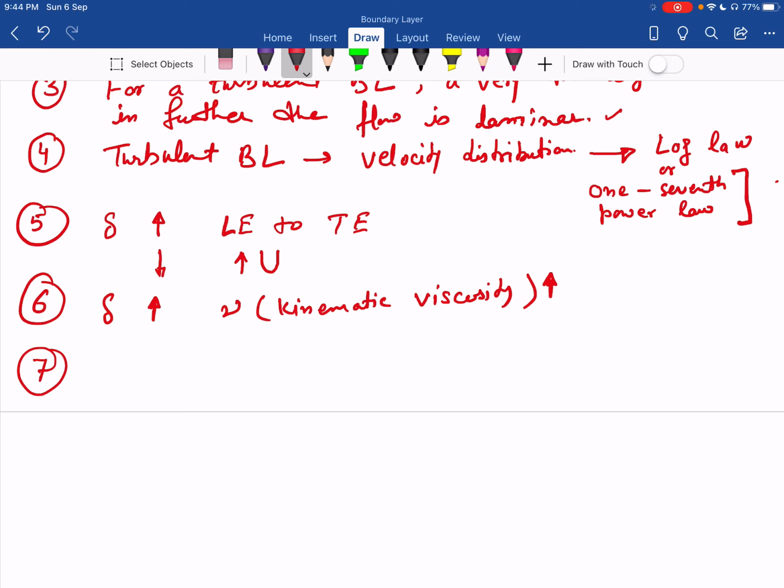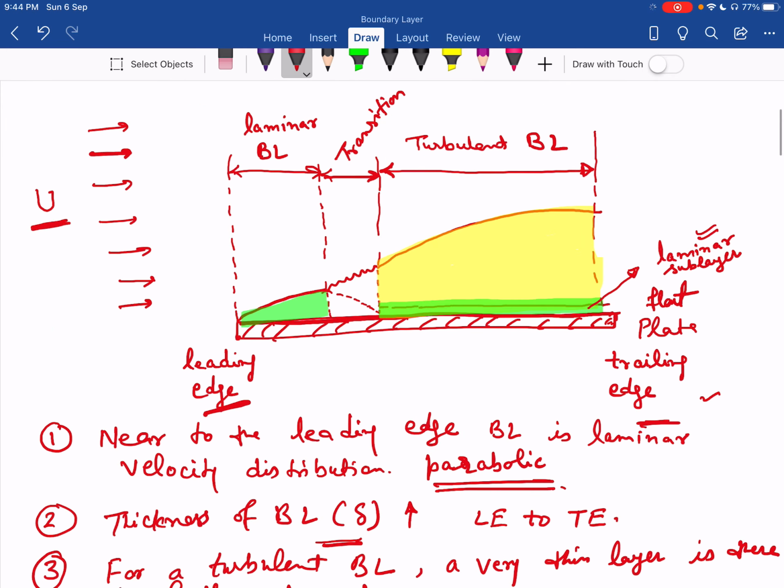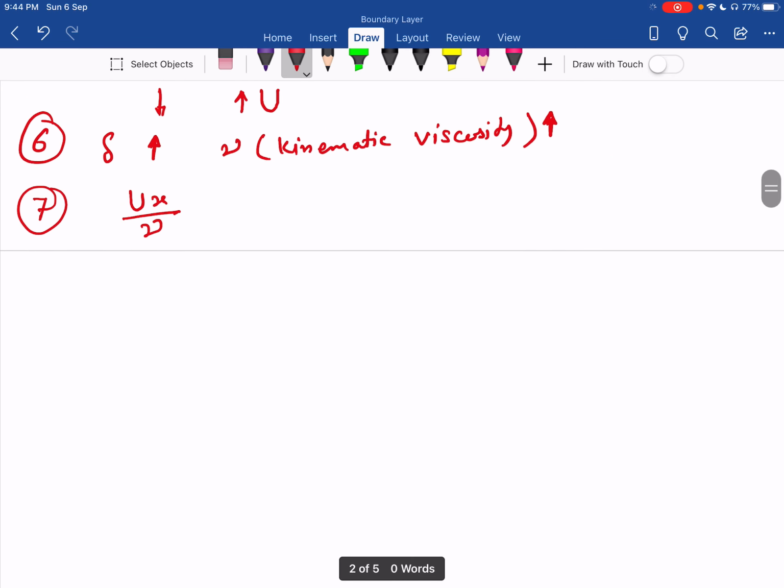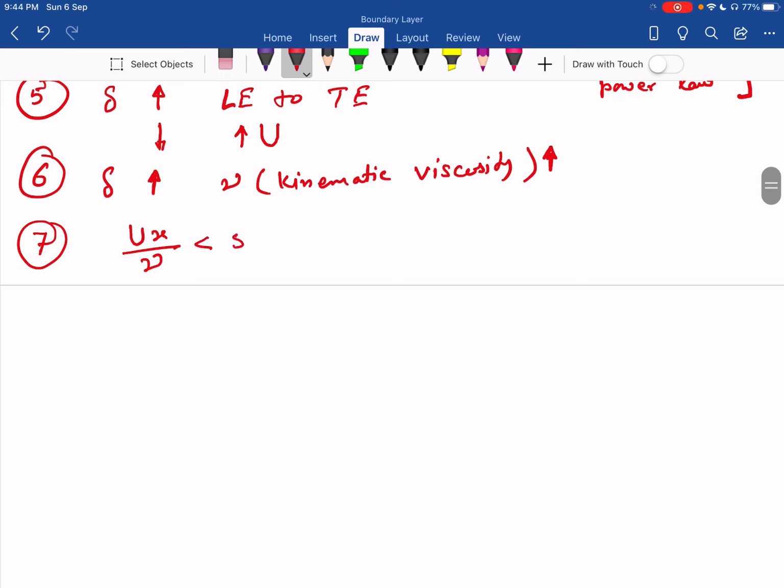Another point. Now we have the factor ux by nu. If this factor is less than 5 into 10 raised to power 5, the boundary layer is laminar, and the velocity distribution is parabolic.